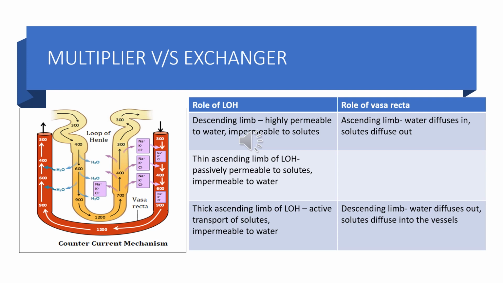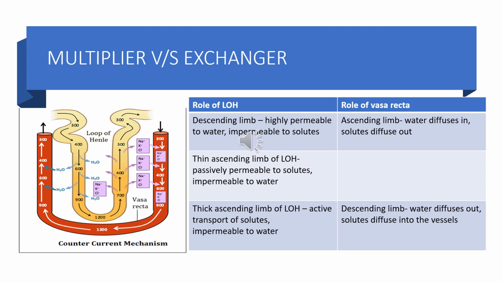Likewise, the solutes that are reabsorbed from the thick ascending limb of loop of Henle are being taken by the descending limb of vasa recta and are released into the medullary interstitium by the ascending limb of vasa recta, which means there occurs a constant recirculation of solutes in the medullary interstitium.